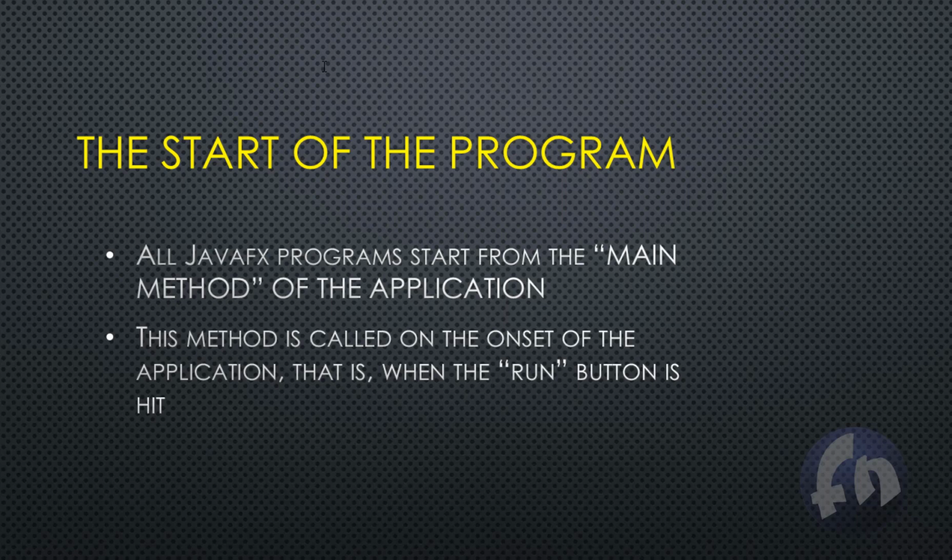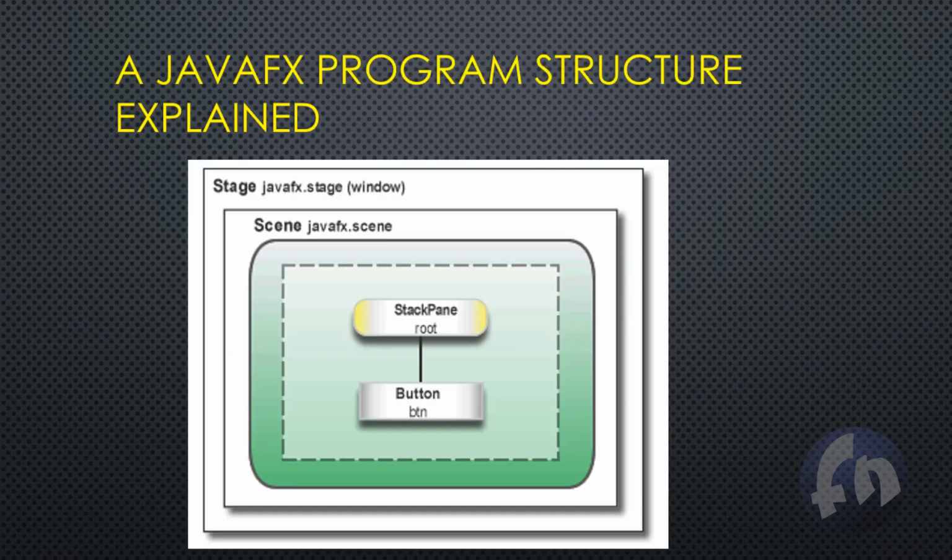So guys, you can see that here I have explained that all JavaFX programs start from the main method, right guys? The method that I have explained there is called on the onset of the application. That is when you click on the run button. And what is this main method?